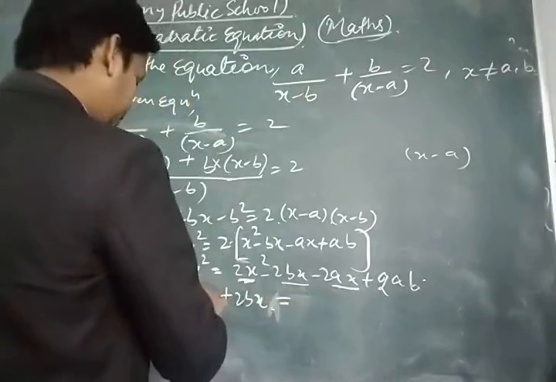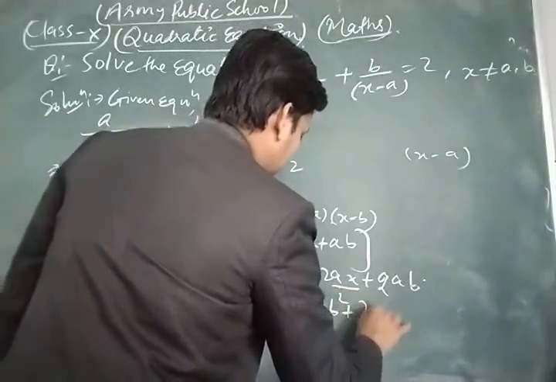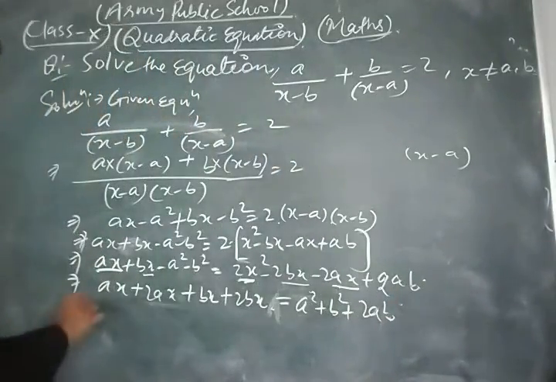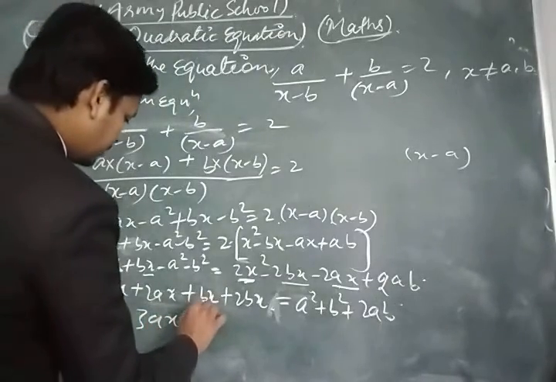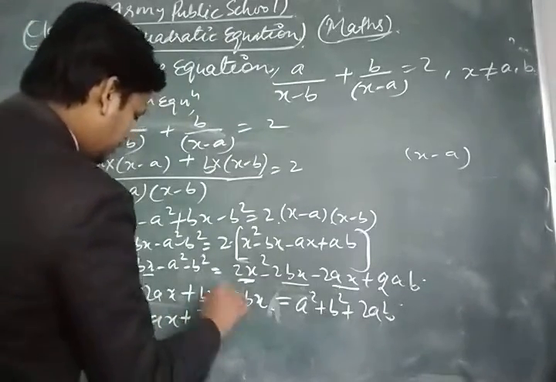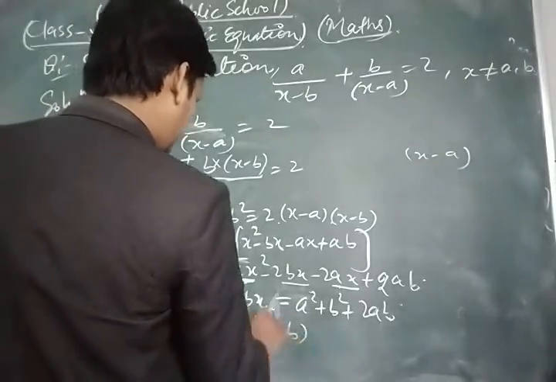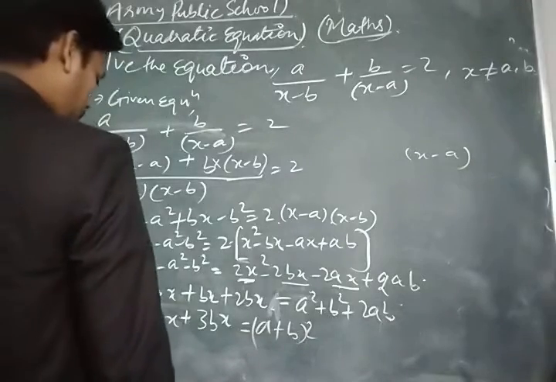Is equal to, this is a square, transferred to that side, a square plus b square plus 2ab. Now this is 3ax plus 3bx, is equal to a plus b whole square.